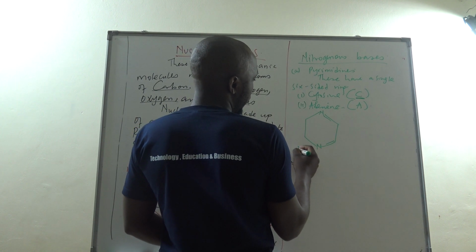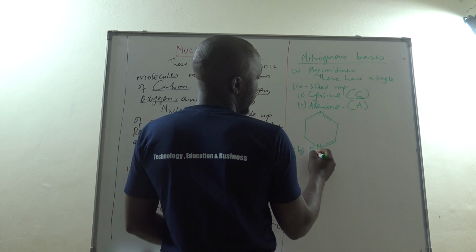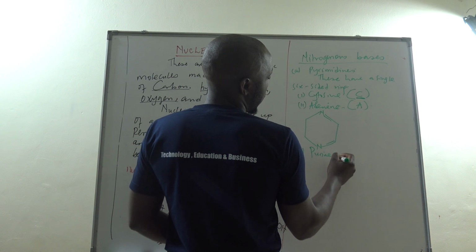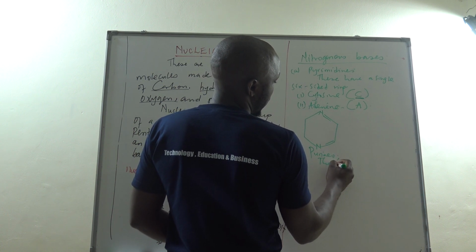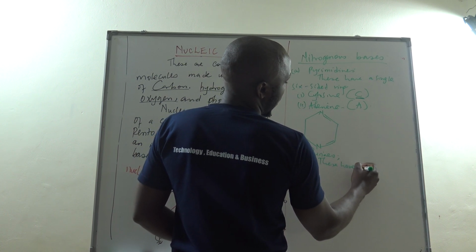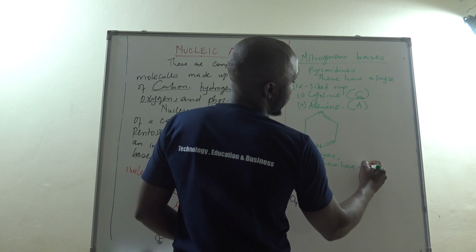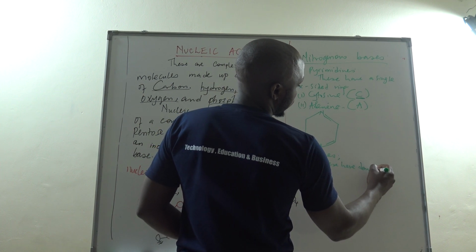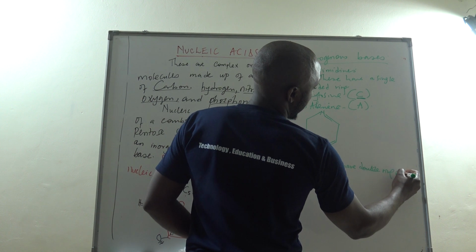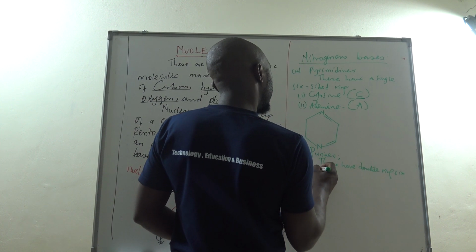Then B, we have purines. These have double rings in their structure.